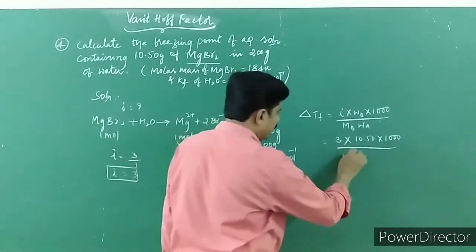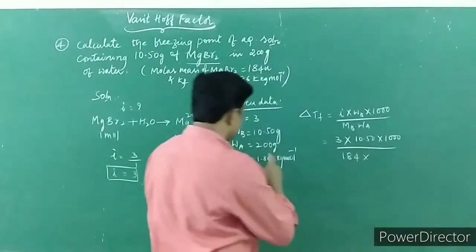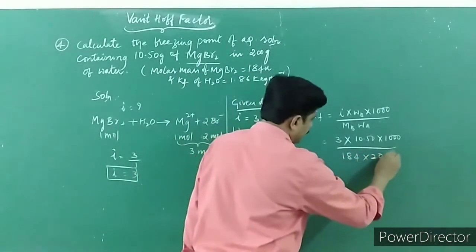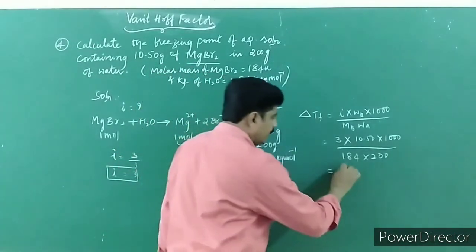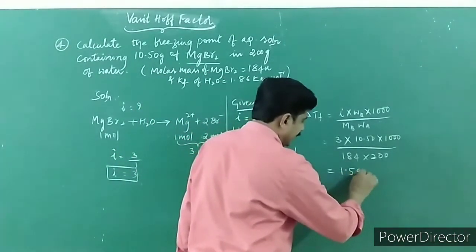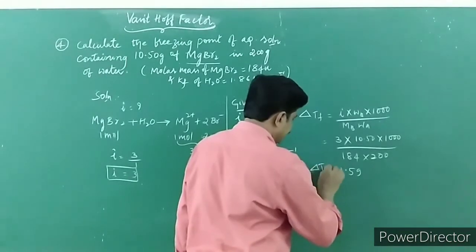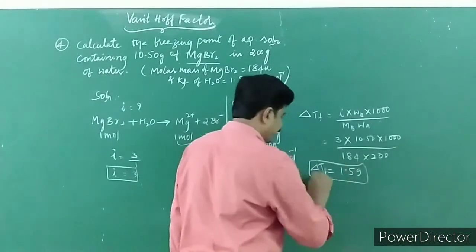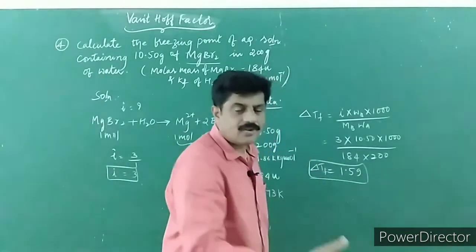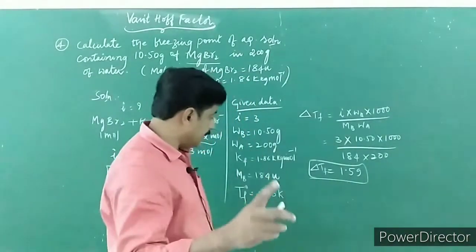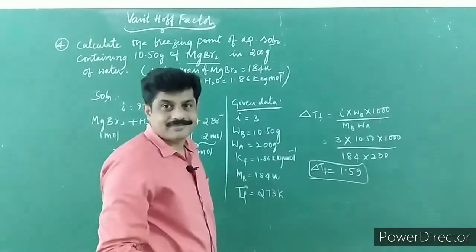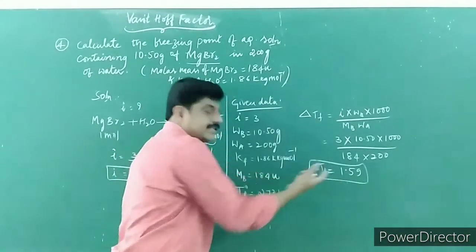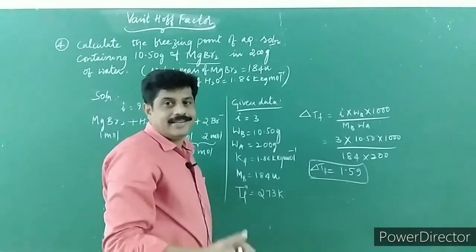Mb is equal to 184 and Wa, you know this, how much? 200 grams. Children, if you simplify this, you are going to get 1.59. Delta Tf is equal to 1.59. You take it as degree Celsius or Kelvin, doesn't matter, but keep it in your brain. If you take Kelvin here, you have to take it as Kelvin only. If you take it degree Celsius, you should take it as degree Celsius only. Are you getting or not?